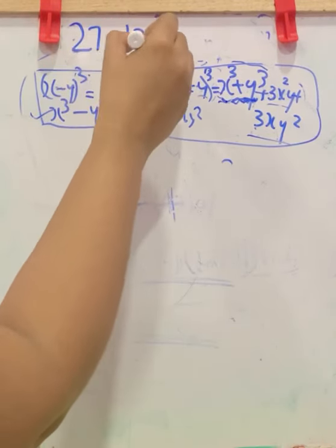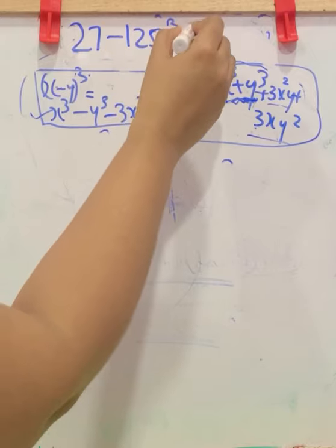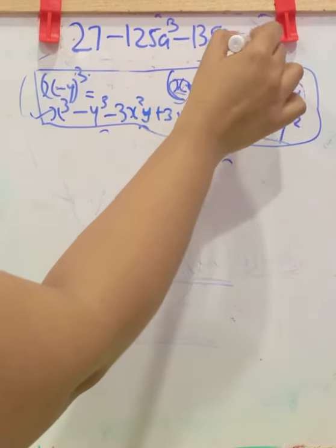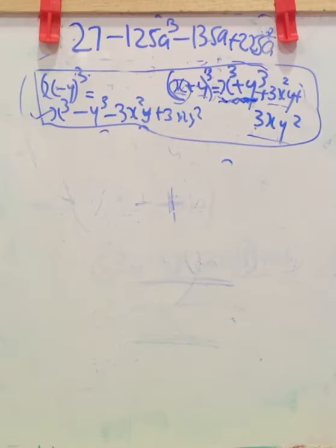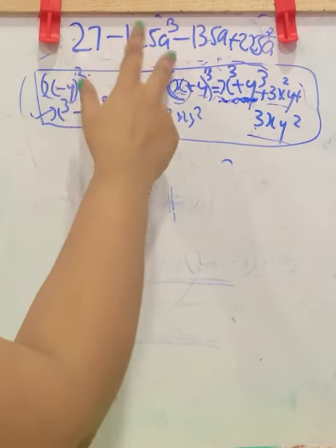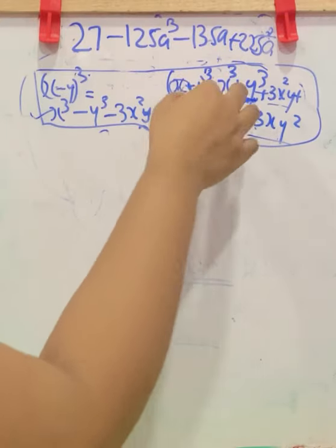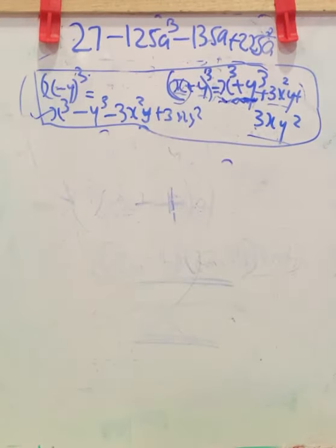27 minus 125a cube minus 135a plus 225a square. Here these are two cube terms, and these two terms are of the type 3 into x and y forms.